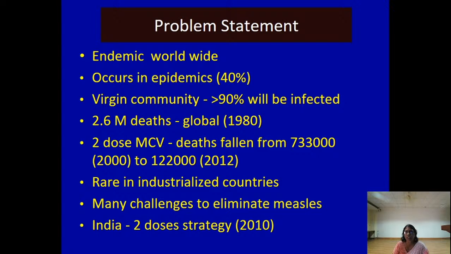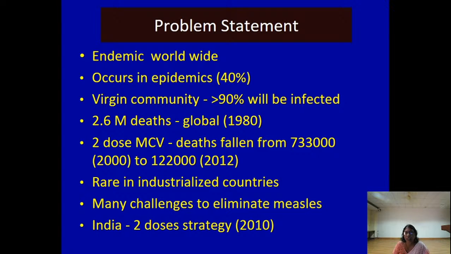If the measles virus enters a virgin community, meaning an unimmunized community, where none of the children is immunized against measles, that community is called a virgin community. If the virus enters such a community, it will infect more than 90% of them. 90% of them are affected.